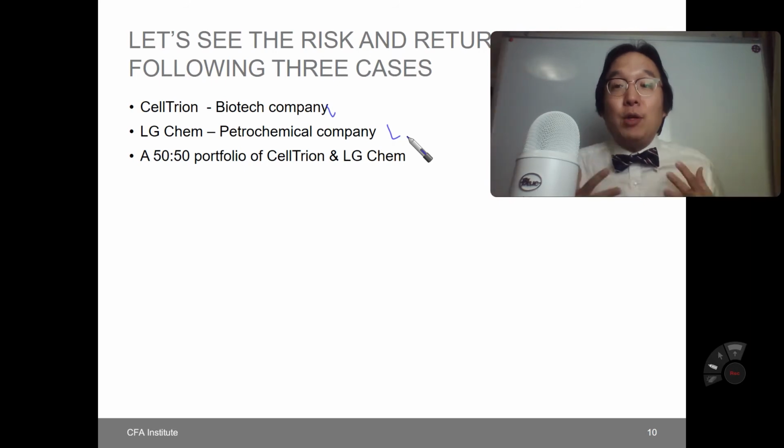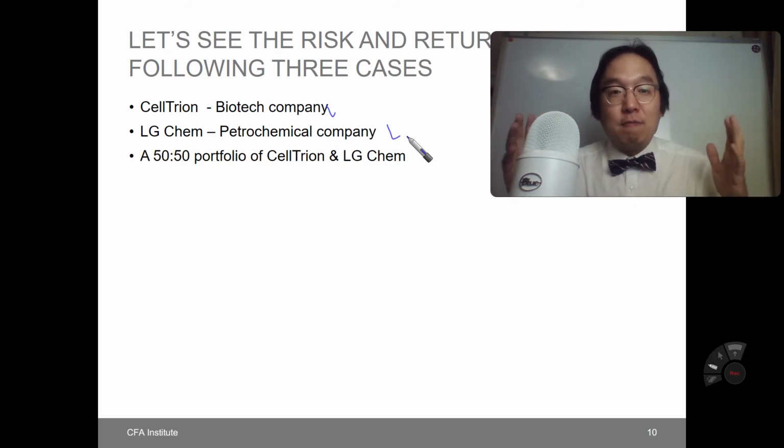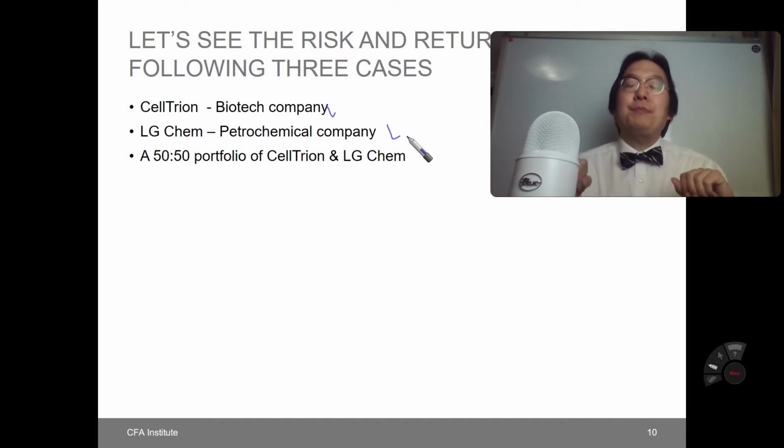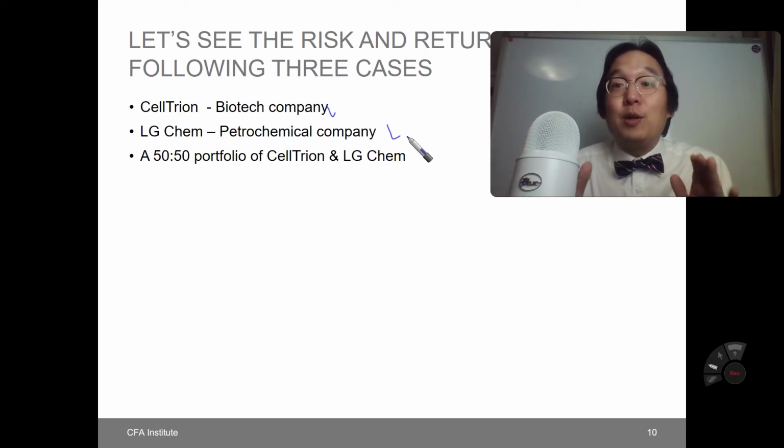Okay, the third case is like a 50-50 split. Our concern will be about this portfolio's total risk. Why? Because you must have started your virtual investment by now, right? You have 1억 won, or 100 million Korean won, in your virtual account, right?